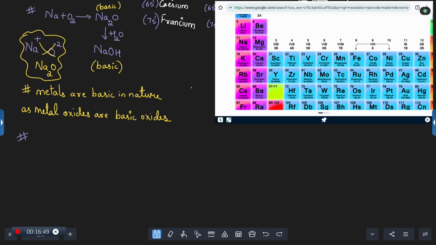That is why such elements are called radioactive elements. So francium and radium we will call radioactive.